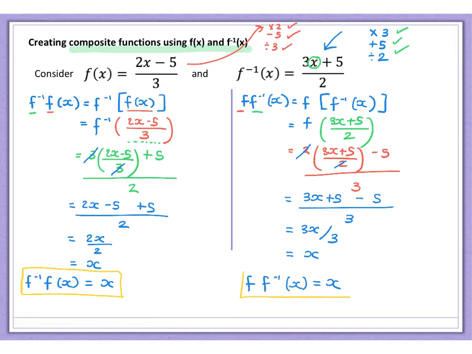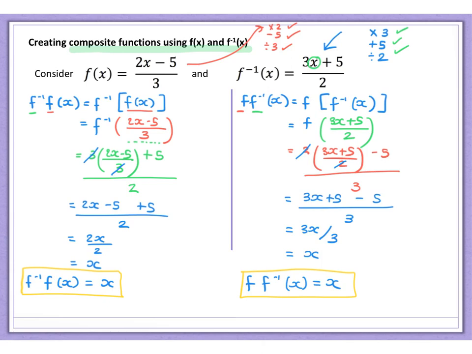Now, there should be absolutely nothing surprising in either of these results. If you apply a function and then its inverse, you get back to the beginning. It doesn't matter whether you do the function and then its inverse, or the inverse and then the original function, because of course the inverse is the inverse of the original function, and the original function is the inverse of the inverse.